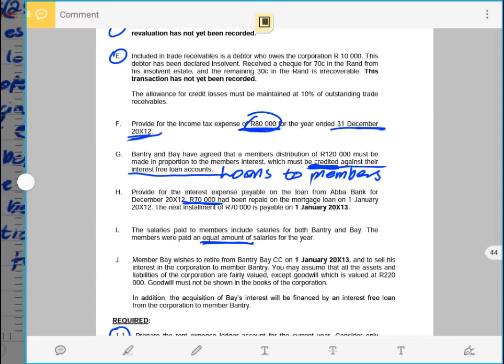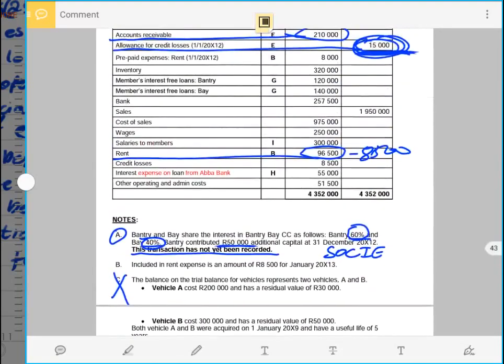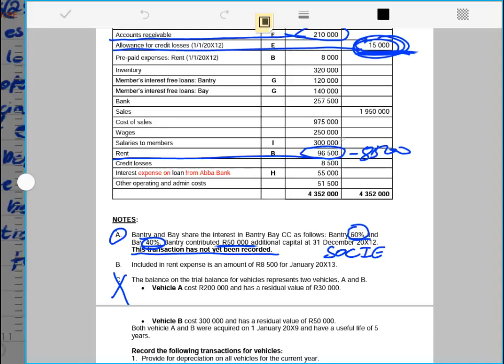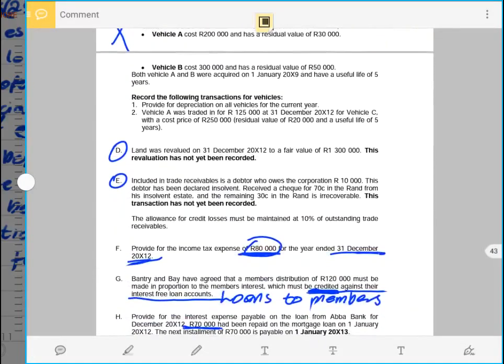So now it means the amount of the salaries, which in the trial balance is given as 300,000 rands, we have to divide by 2 so that we get 150,000 rands, which is the salary that was due to one member, so that we record this 150,000 rands under the transactions with members for each member. So now that is the importance of the word equally to members.